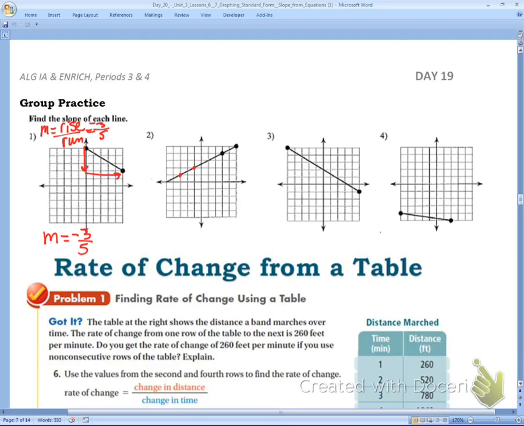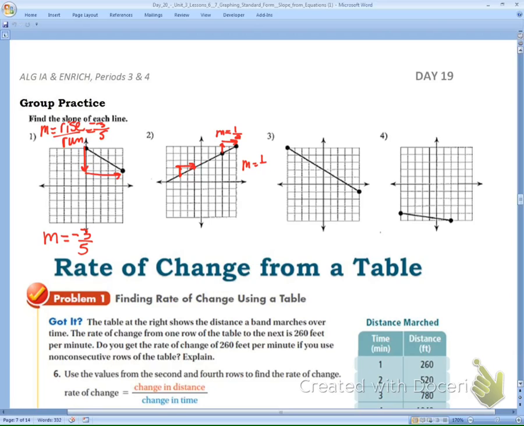Alright, using the points that they do give us, what's its rise over its run? Well, I have to rise 1 and go over 2. So that's your slope, 1 over 2. Just to make sure that that is the correct slope, you can use the other points that I just showed you before. Okay, we have to go up 1 and over 2. And so your slope is still 1 over 2.